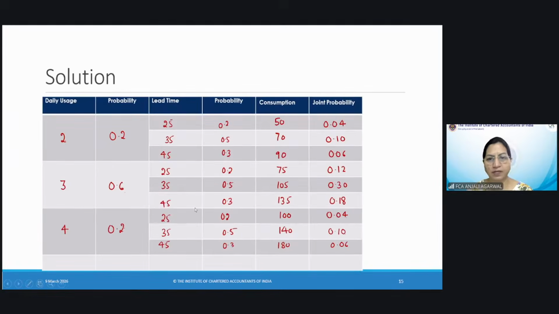And what is the probability that each will happen? 0.18, 0.10, 0.06.